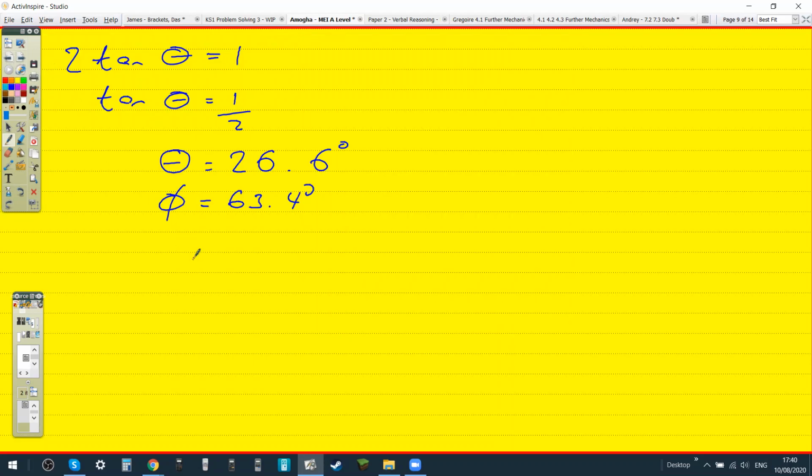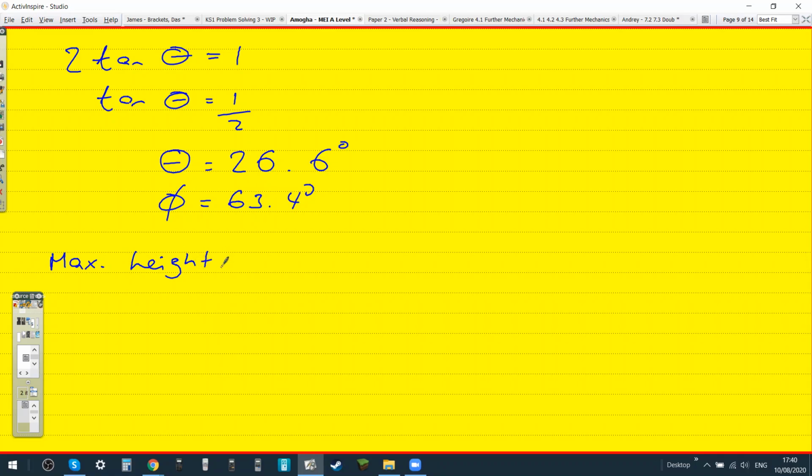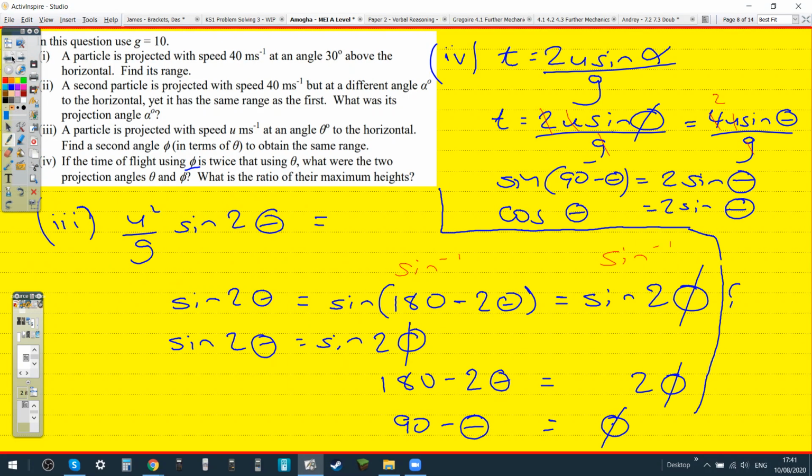Maximum height. It said something about the ratio of maximum heights. So that's like the opposite of the range, isn't it? What do we know about V at maximum height? It's 0. And then U is 40 sine 30.